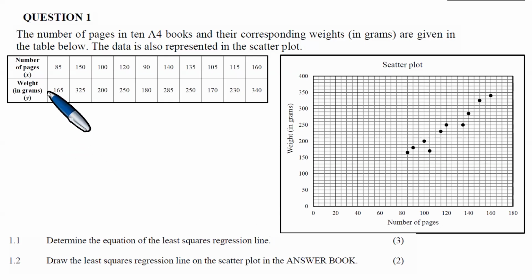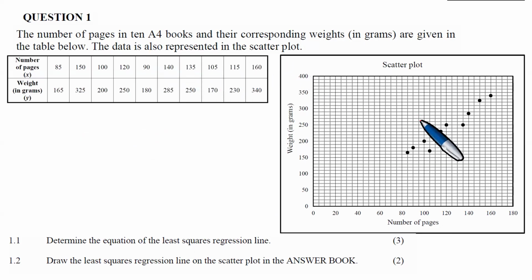Question 1. The number of pages in 10 A4 books and their corresponding weights in grams are given in the table below. The data is also represented in the scatter plot.